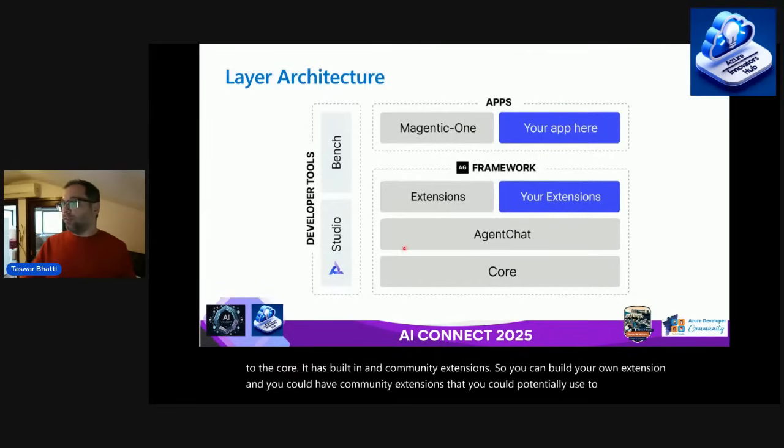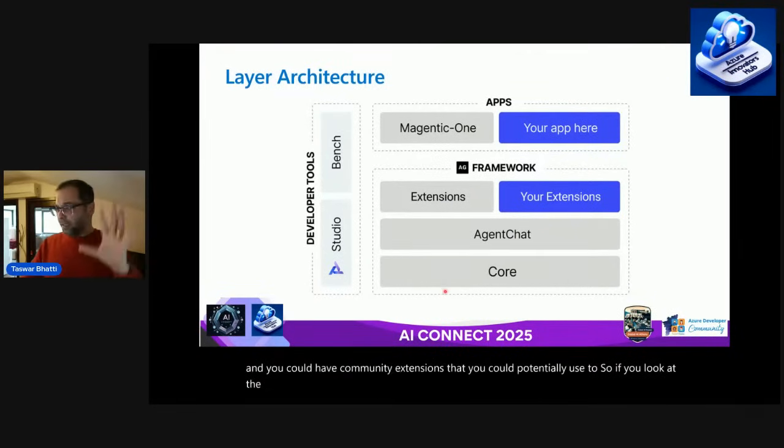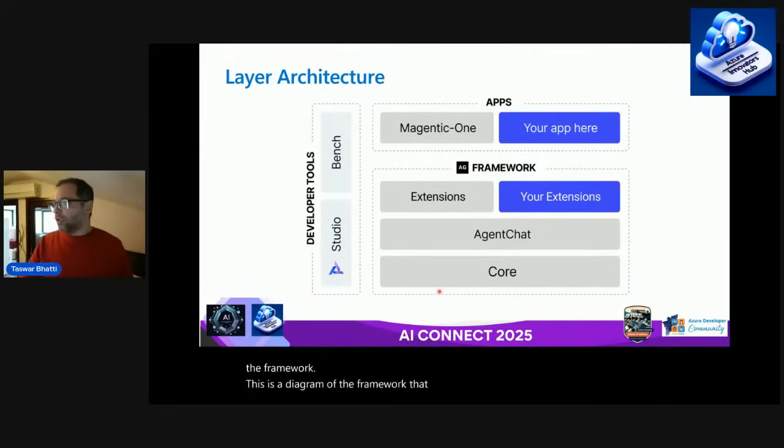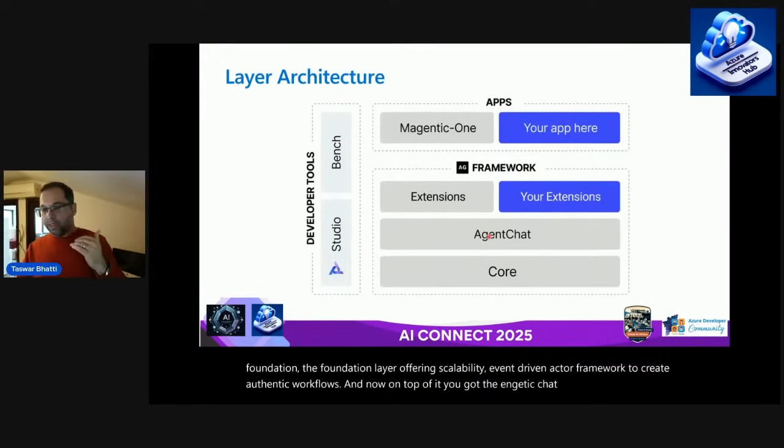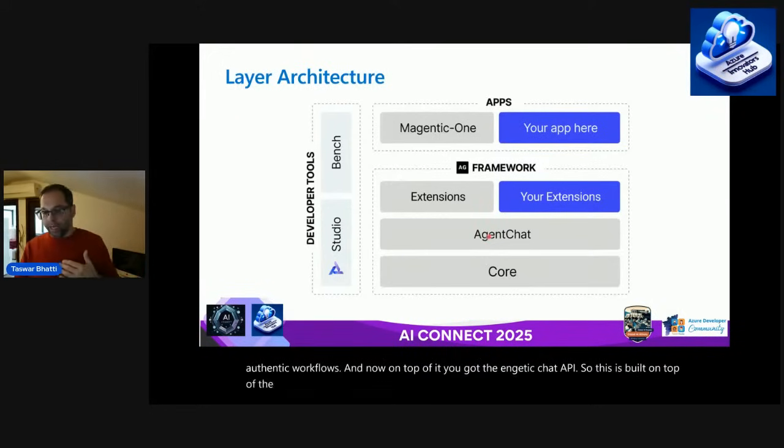If you look at the framework, this is a diagram of it. You get the core API. This is the foundation layer, offering a scalable, event-driven actor framework to create agentic workflows. On top of it, you've got the AgentChat API. This is built on top of the core and is task-driven. You can add tasks to it.